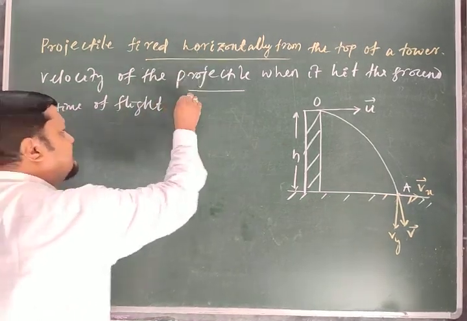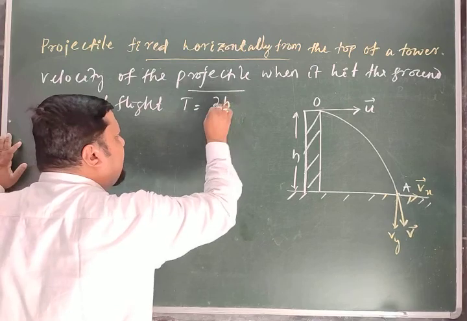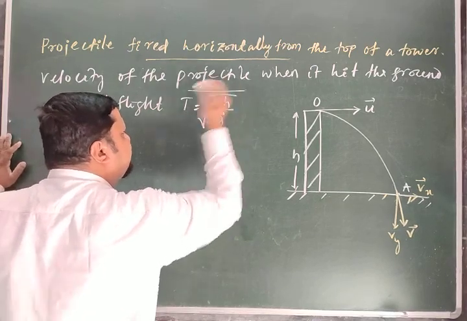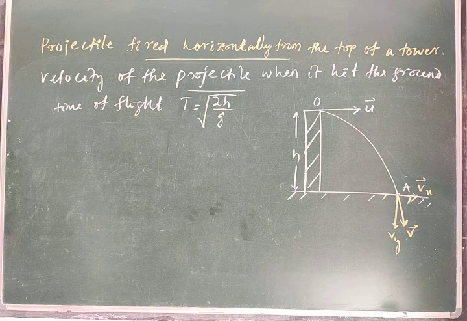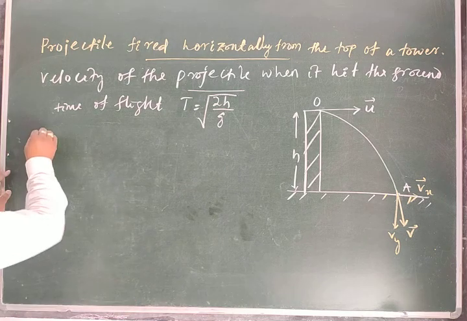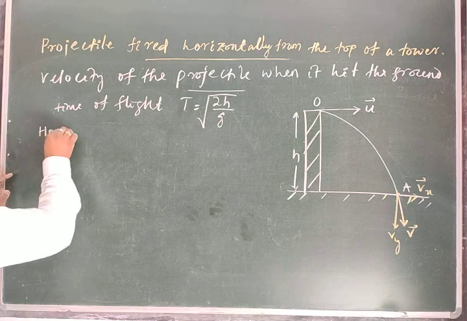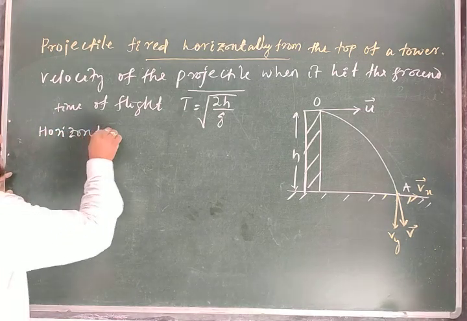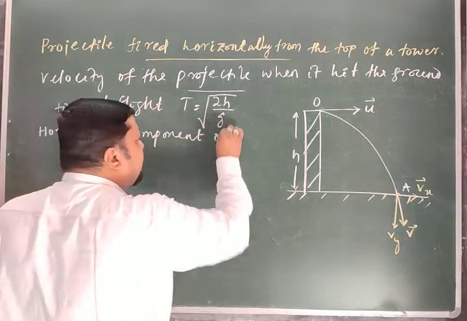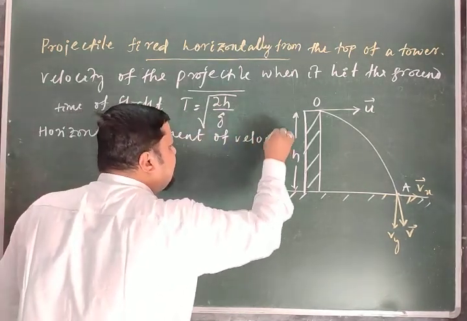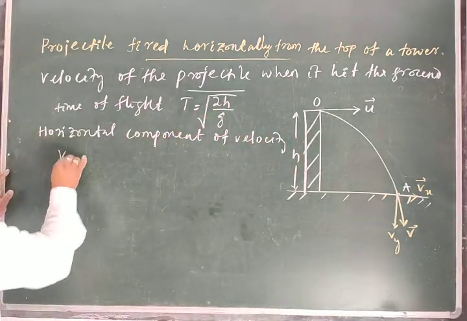Suppose you can consider this as t, that is equal to root over 2h by g, to hit the ground. And the horizontal component of velocity, that is Vx.